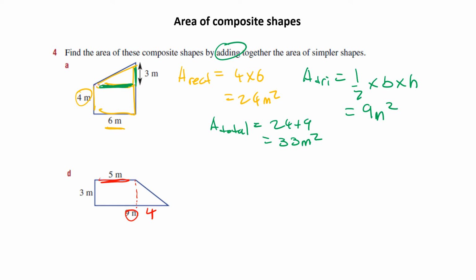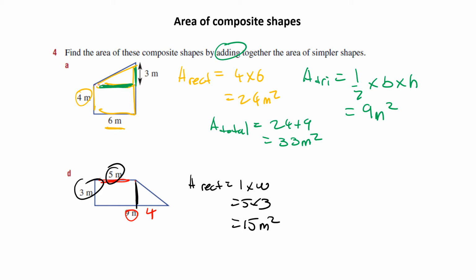Okay, so I've got two shapes here. Area of the rectangle is 5 times 3, so length times width, 5 times 3, that's 15 meters squared. And for the area of a triangle, my base is 4 and my height is 3.